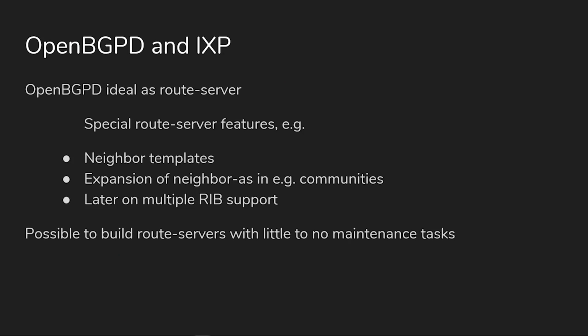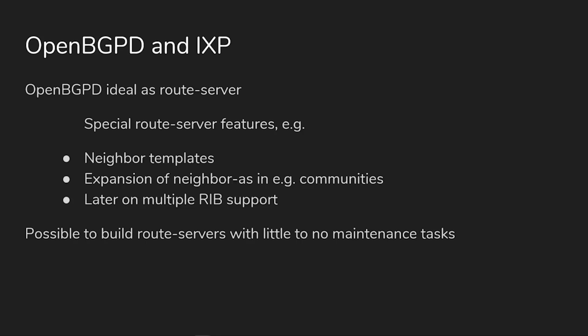OpenBGPD already at the beginning was always a little bit about internet exchange points and especially the route servers used at internet exchange points, as an idea of what I can do to make an operator's life easier. So some of the things that we did is we added some special features to make life easier for people.